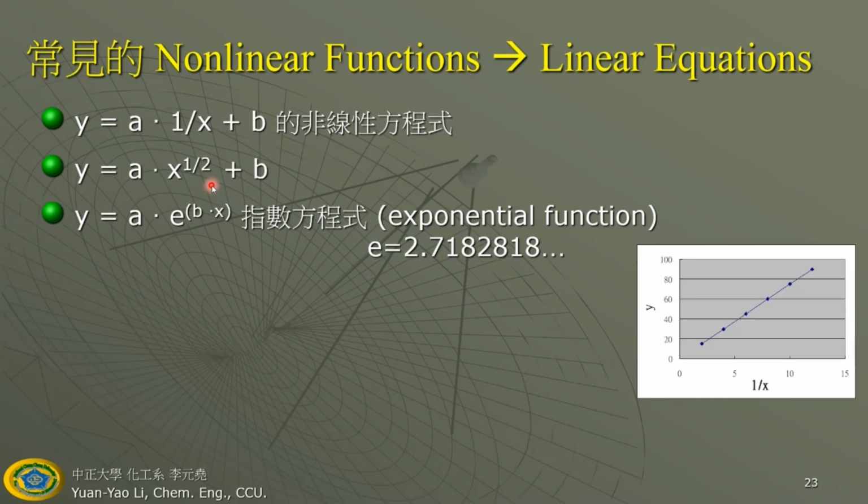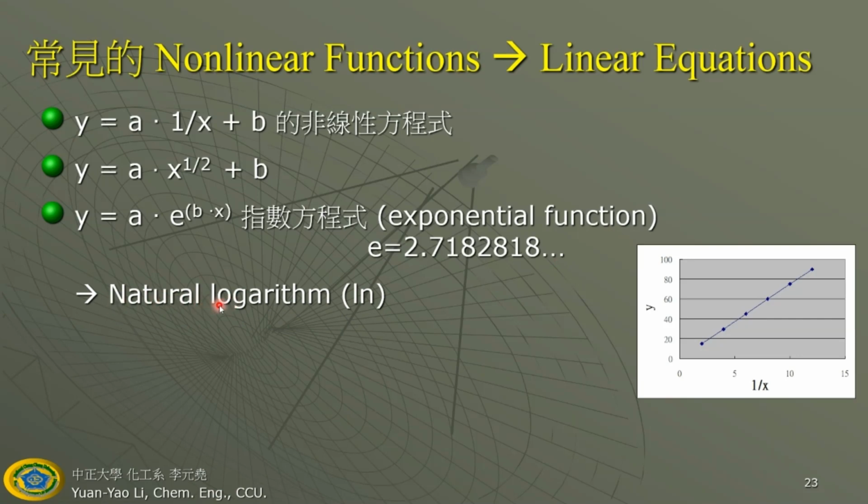And another example is y equal to a times exponential of b times x. This is what we call an exponential function. This is a very common nonlinear regression. You need to change it to a linear equation. In this case, we use the natural log.